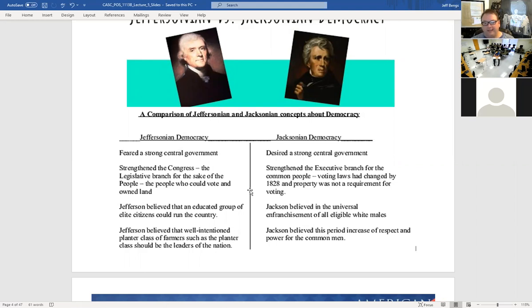But in the Senate, we did kind of mirror the House of Nobles or the House of Lords. We had more of the wealthier elites and plantation owners serving in the Senate.